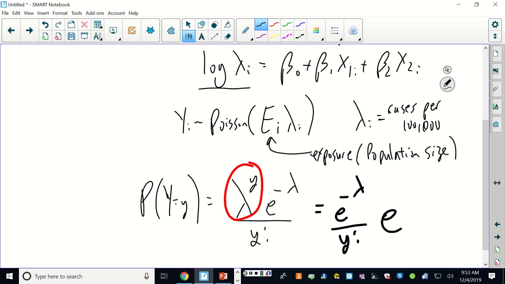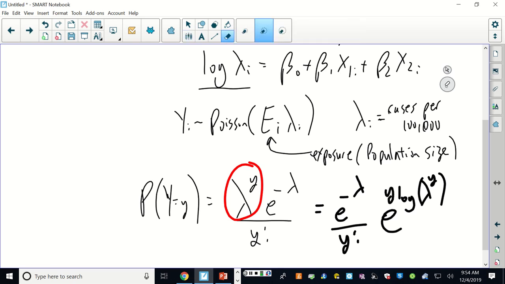then e to the log of lambda to the y is the same as lambda to the y. These two things are inverses of each other. But the log of something to a power, you can put y out here, right? And remove it from up here. And so there's something here. Well, here's log lambda.